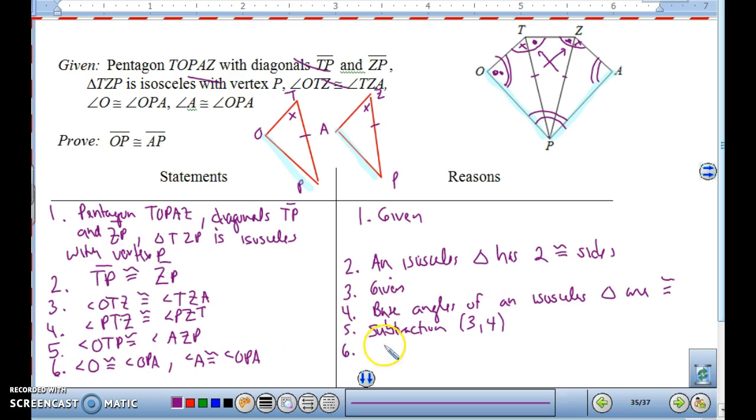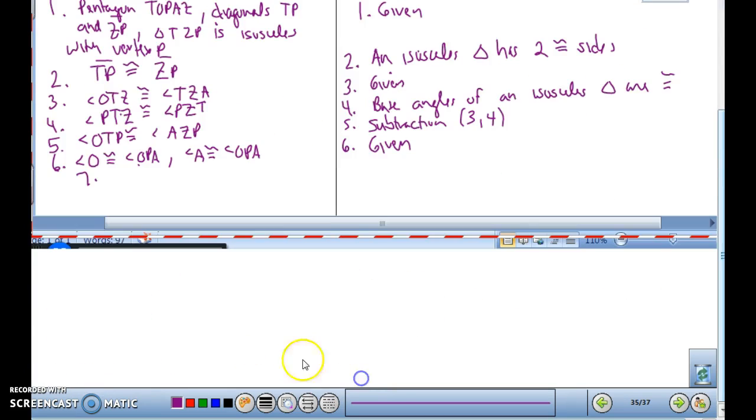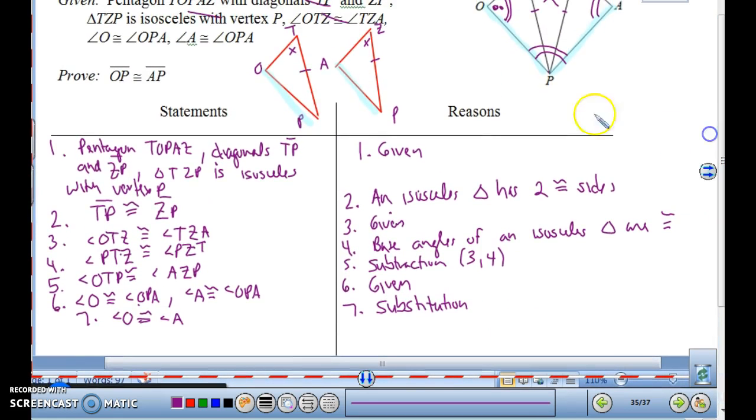You could also say transitive, but that's given. So by substitution, these are both equal to OPA. So that means angle O is congruent to angle A by substitution. Or we can say transitive, either one would be fine. So we have now proved that this angle O is congruent to this angle A right there.